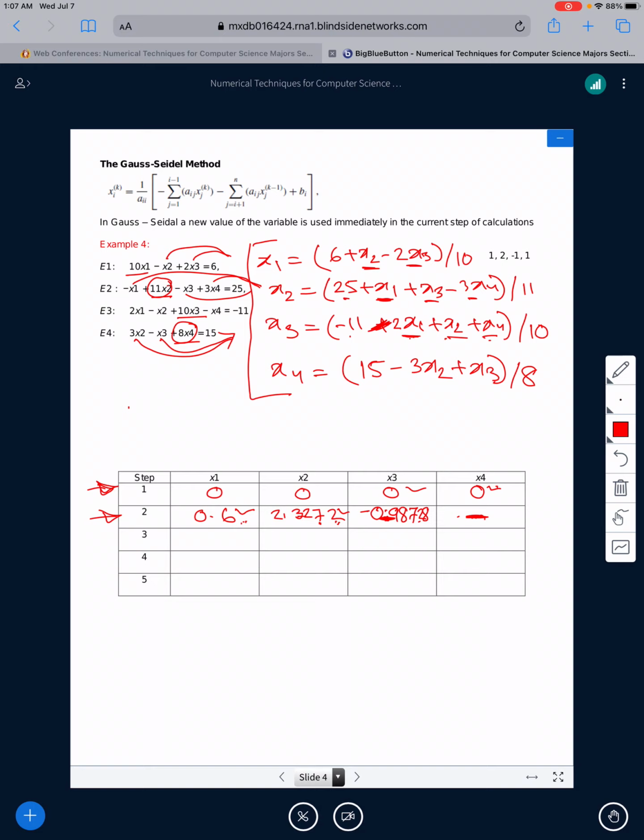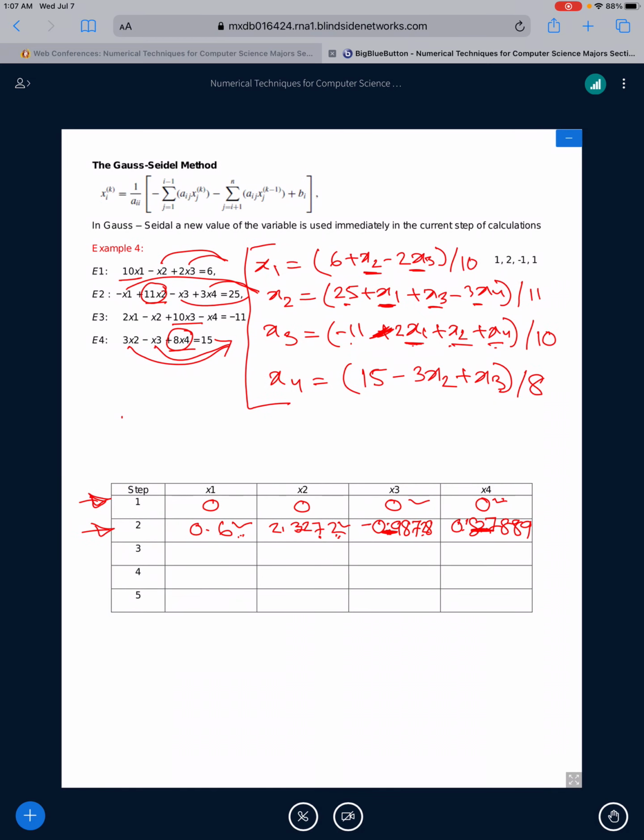Okay, so I found 0.87889 if I have not made any mistake on that one. Okay, so let me see. I have also completed the calculation in Microsoft Excel, and let me see what Microsoft Excel is giving us. Okay, so let me share my screen with you guys.